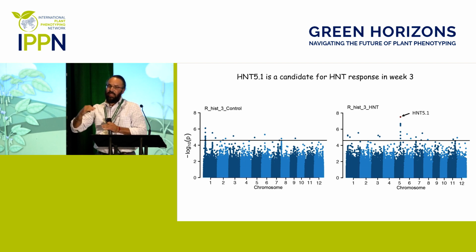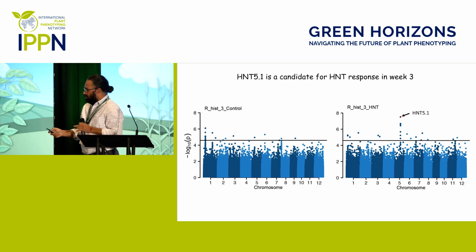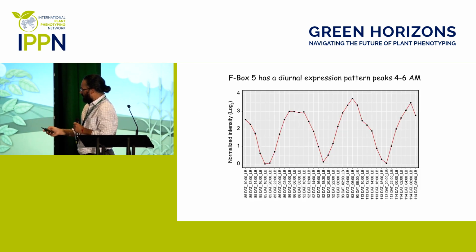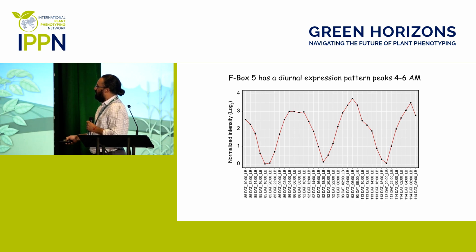So if you make the nights warmer, you would think that it would perturb how they perceive the beginning of the day and night. This gene actually peaks quite strongly around 4 a.m. and 6 a.m., then it goes down, and then it starts to go back up and peaks again. This is from a public data set collected in the field over a development window.